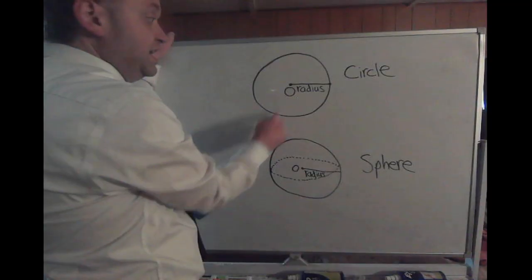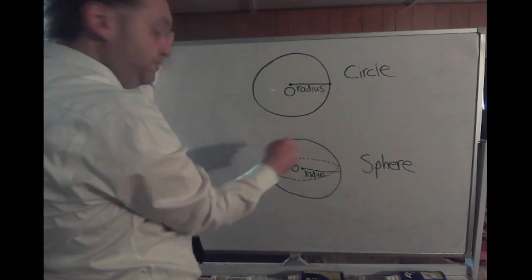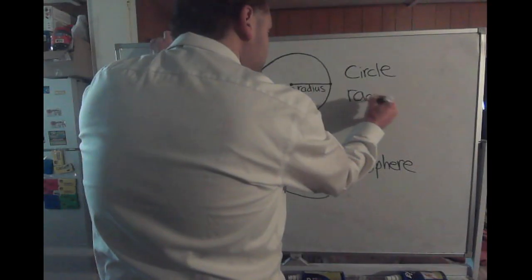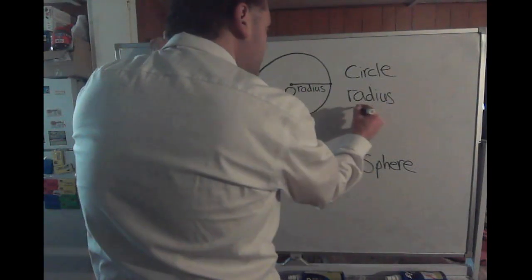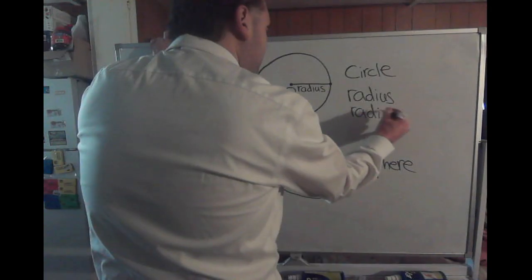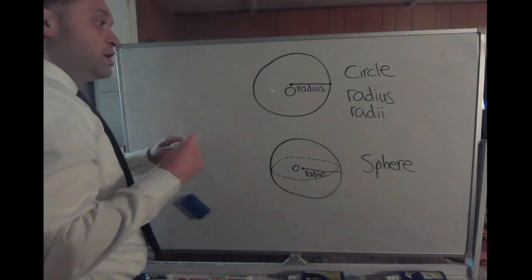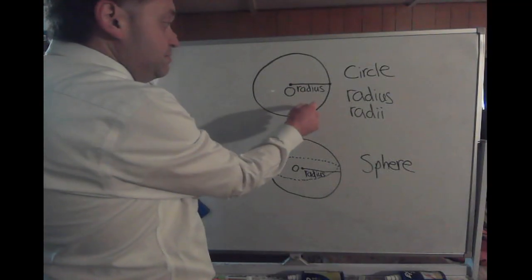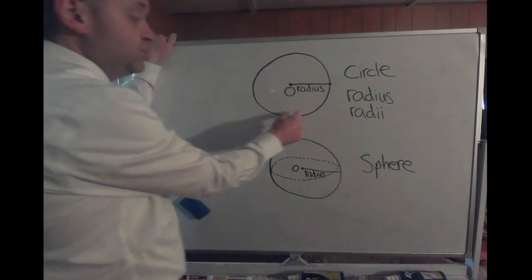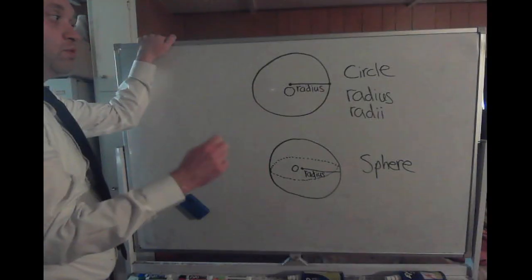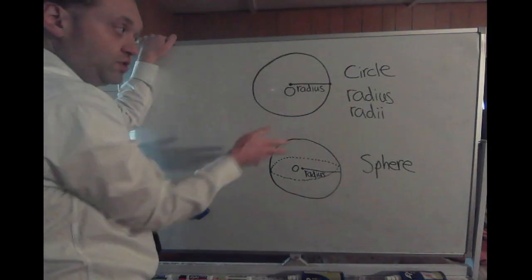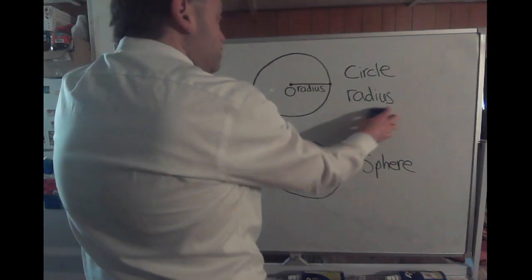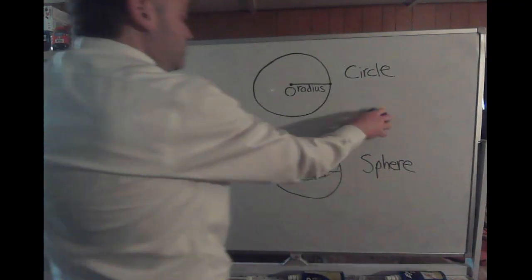There's an infinite number of radii. Radius is singular, and the plural form, which comes from Latin, is radii. You could draw an infinite number of radii as long as each one goes from the center to a point that lies on the circle. That's the nature of the radius of a circle.